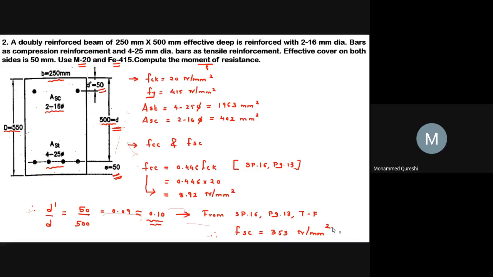Hence, from the given data, we had calculated the values of Ast and Asc, and using the equation fcc equals 0.446 fck and fsc using d dash by d as 353 Newton per mm square. Now we will calculate the value of XU.